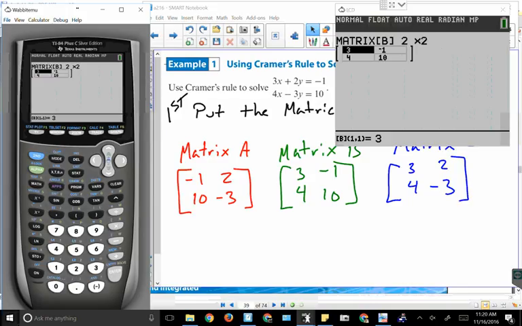Everybody with me so far? Anybody having problems putting it in right now? Of course, you actually have to put it in.